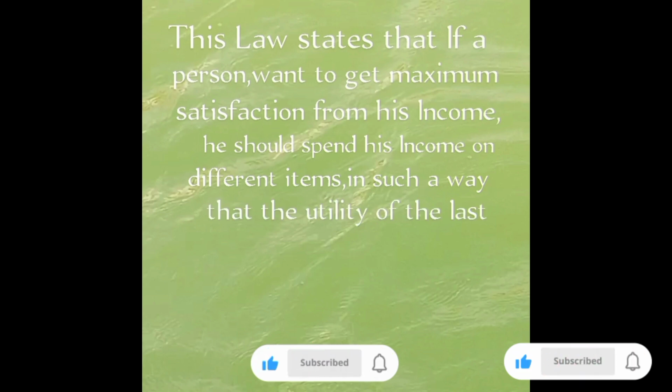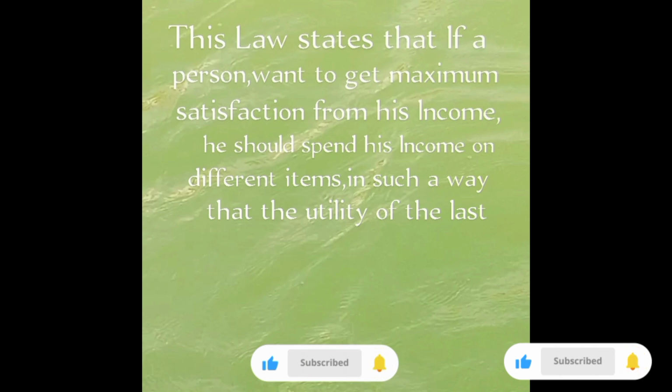This law is also called the second law of Gossen. The law of diminishing utility is the first law of Gossen and the law of equi marginal utility is the second law of Gossen.